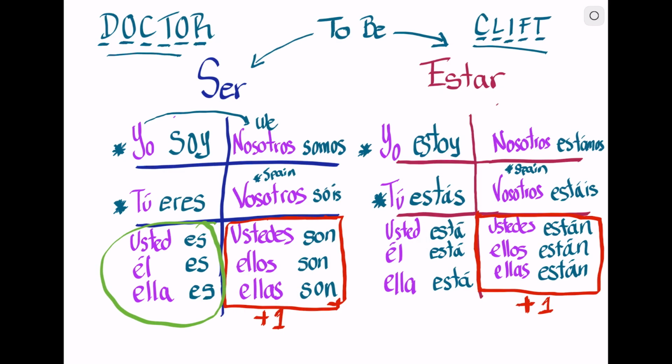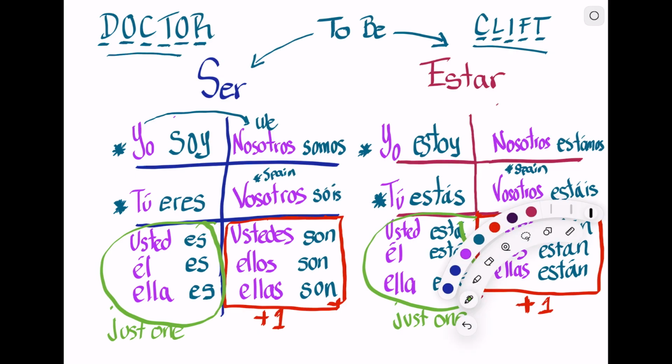Now, if you're talking about just one thing or one person that is not yourself, and you are not talking to tú, like another person in a conversation, where you say you are beautiful, something like that. You're talking about a boy, a girl, or somebody very formal, like the president. You are going to use this one in the circle, just one person. I'm going to put it in a circle, and it's going to be green. This is the one you use. For example, the table is beautiful.